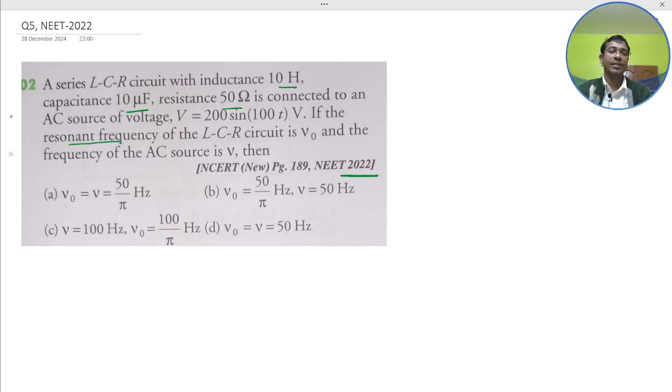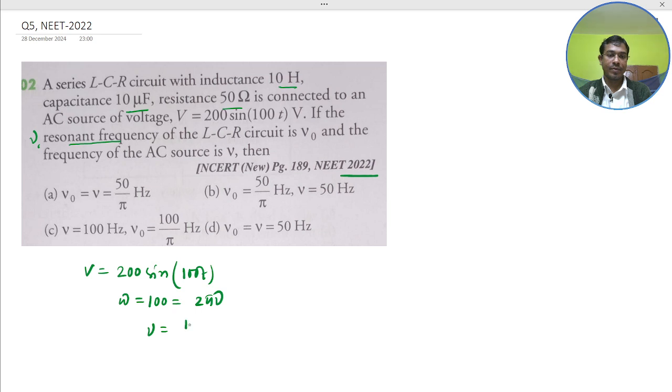We just do here the resonant frequency, so here given that V equal to 200 sin 100 t. This is basically the V naught sin omega t. This is the omega 100 and the omega means 2 pi nu.